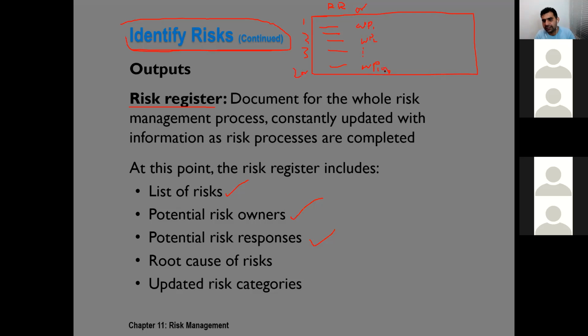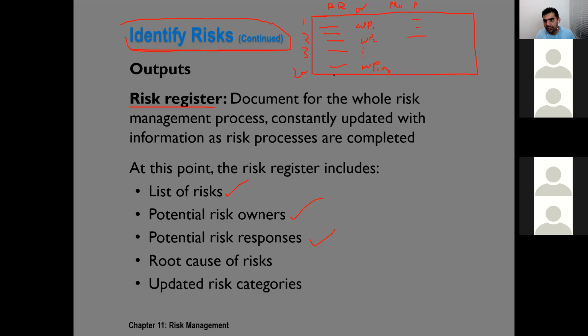Similarly, in this risk register, we normally have potential risk owners, the people who are responsible. If a risk comes, they will take the actions. We may even have the potential responses. Remember guys, we didn't do the analysis. We really didn't determine the actual response, but we might put some potential responses, for example, buying insurance, and so on.